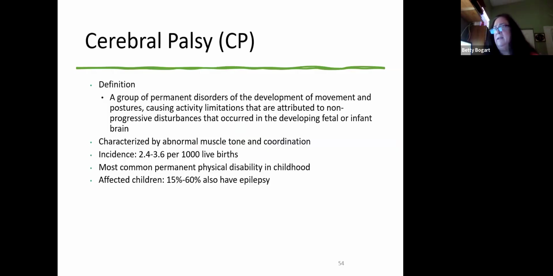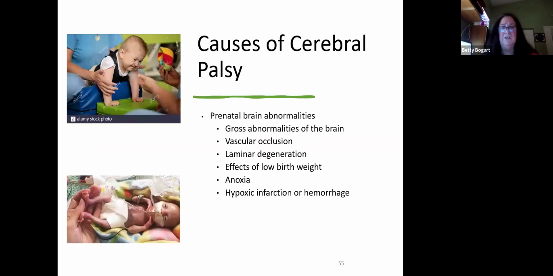It's usually caused in utero, while mom is developing. It's the most common of all the permanent disabilities in children. Most of the children can also have epilepsy with them, so you're always worried about seizures with these children.